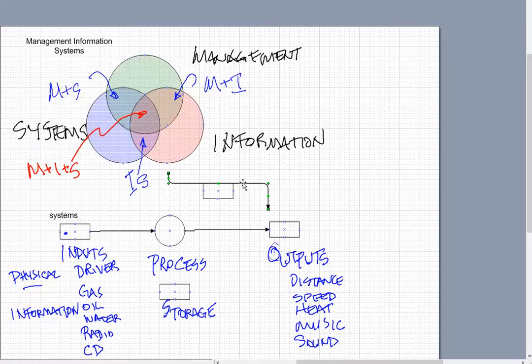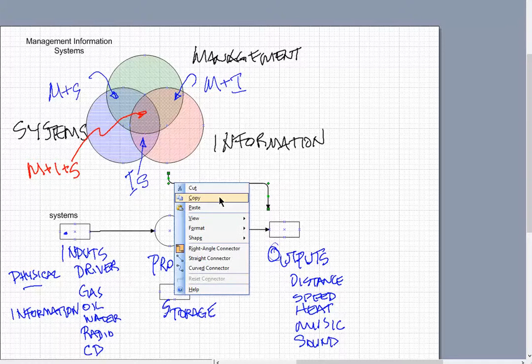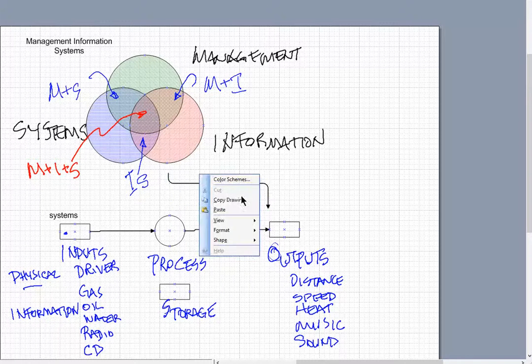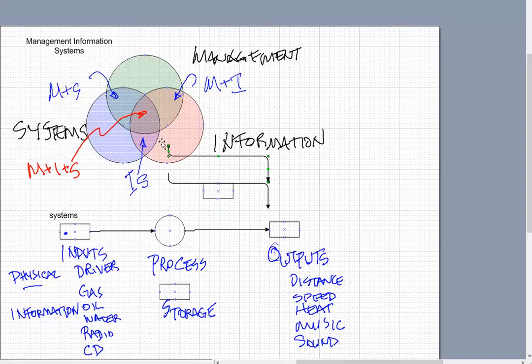So let's put this in here, copy that, going to put another arrow in here and paste it. So we have the process going down to the storage. We also have what's referred to as a feedback loop.